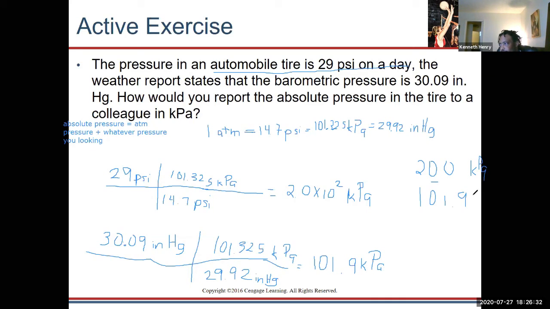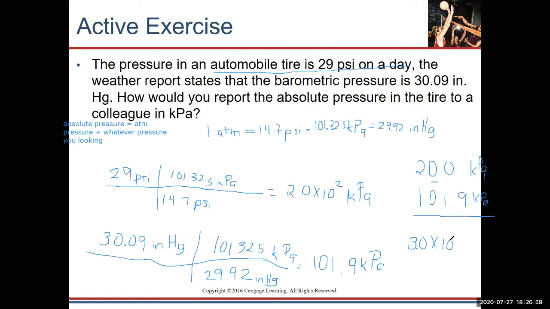We add it together. What do we get? Will that be 3.0 times 10 to the 2?